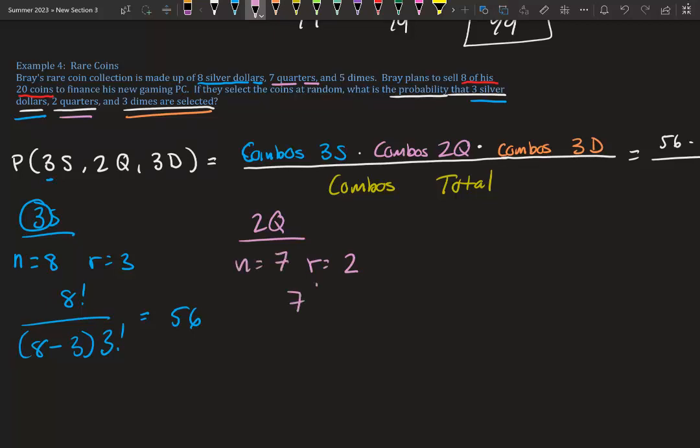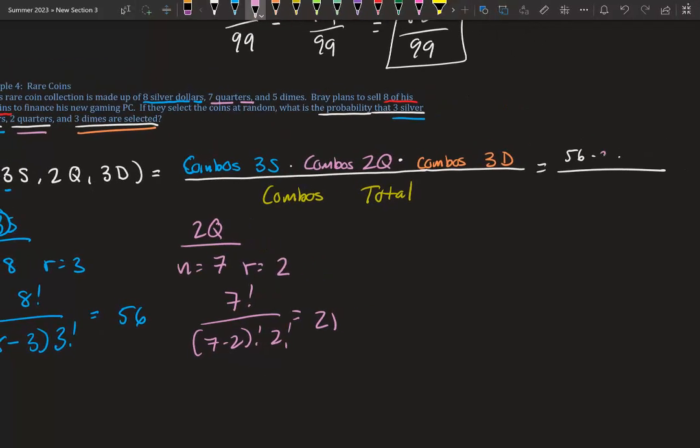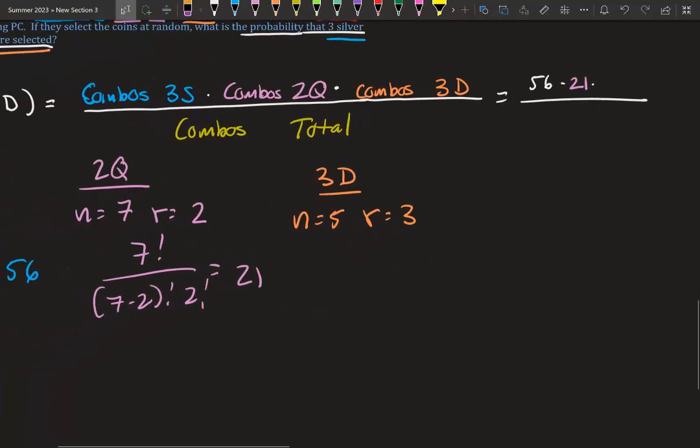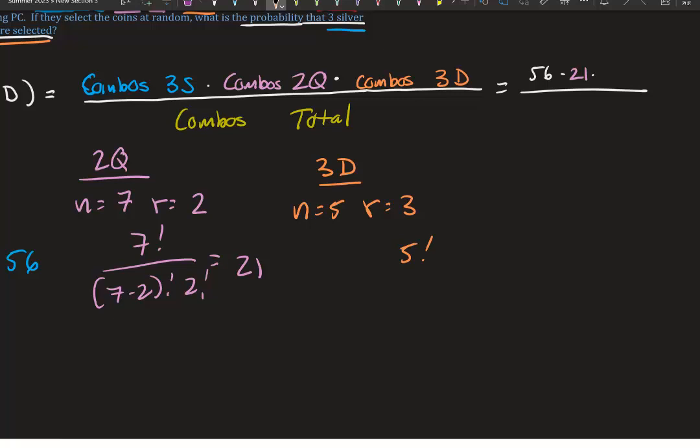So that's 7 factorial over 7 minus 2 factorial, which comes out to 21. And last but not least, we have our 3 dimes. So we're picking 3 dimes, and we have 5 dimes to pick from. So we have 5 factorial over 5 minus 3 factorial, 3 factorial, and that comes out to 10.